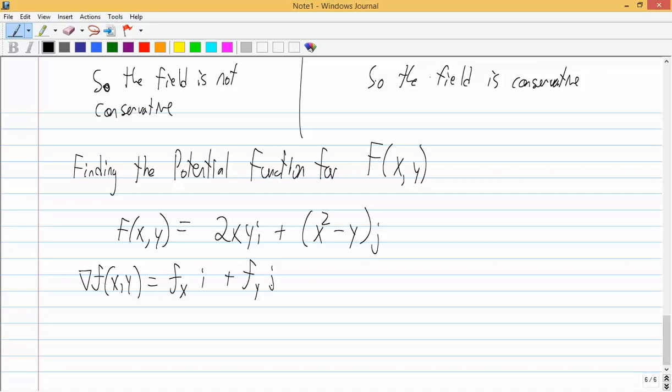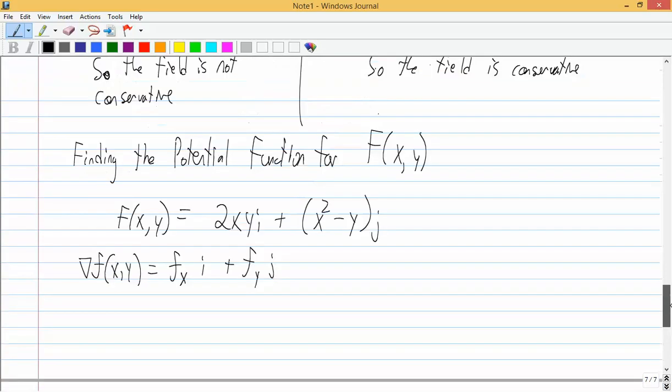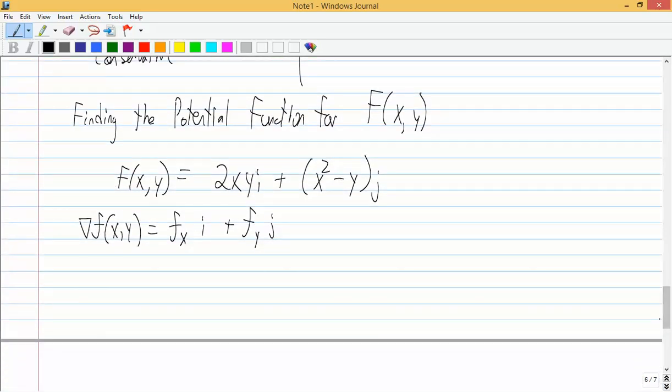So in our field here, the partial of f with respect to x is 2xy, and the partial of f with respect to y is x squared minus y.